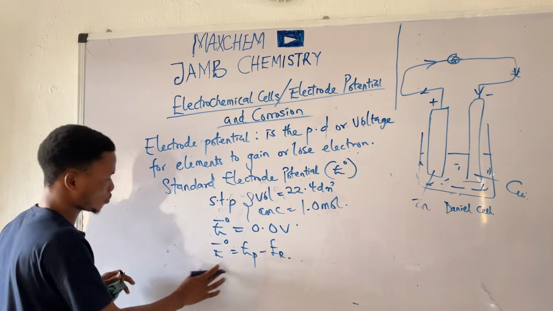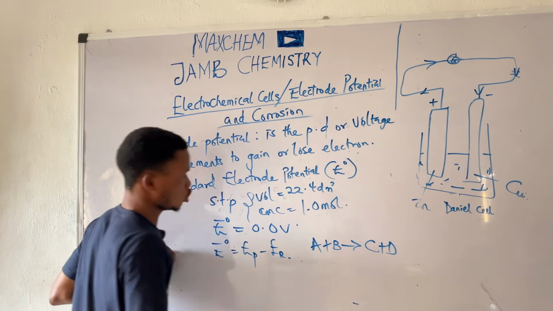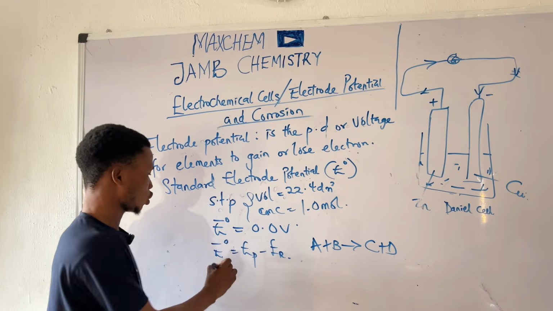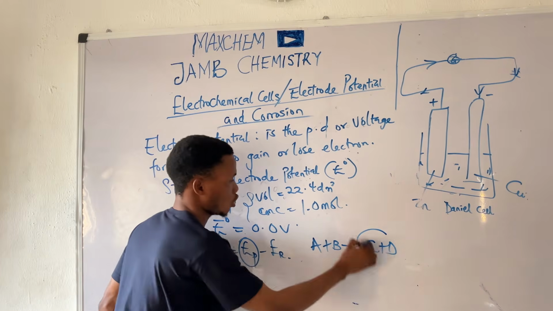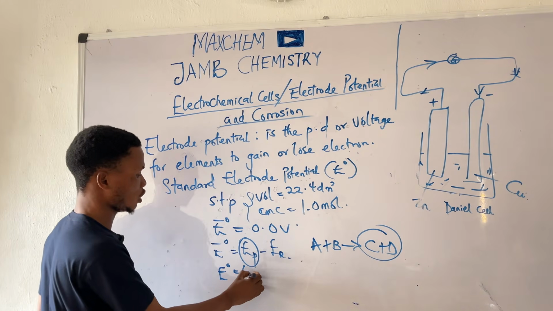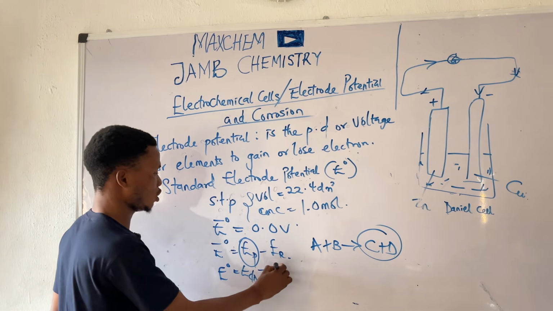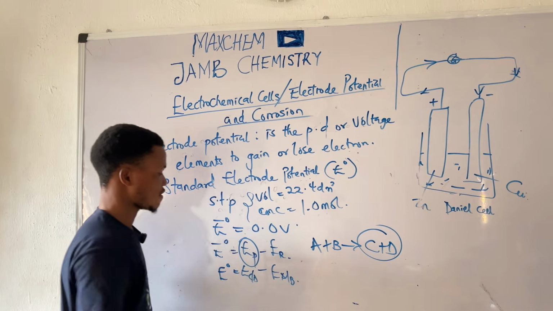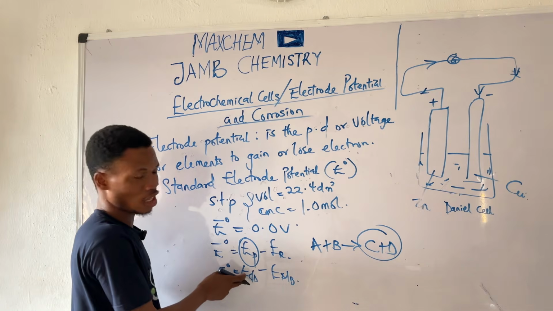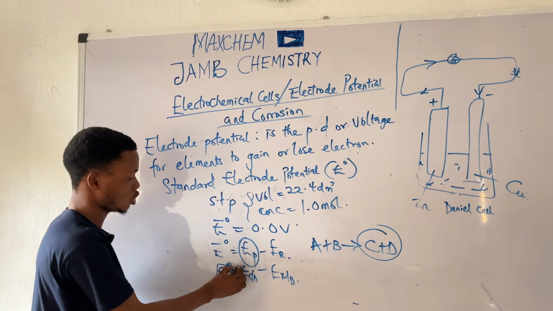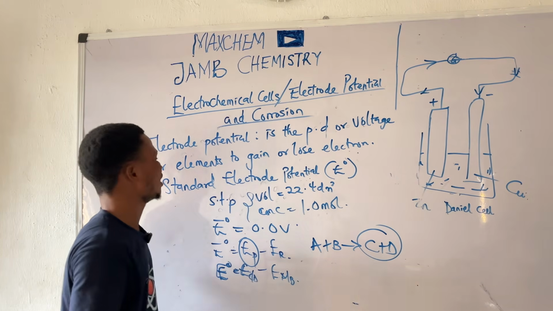So when you have a reaction like A plus B to give C plus D, to know the cell potential of this, we use the electrode potential of C and D, and we use the electrode potential of A and B. So the cell potential is equal to the potential of the products minus the potential of the reactants.